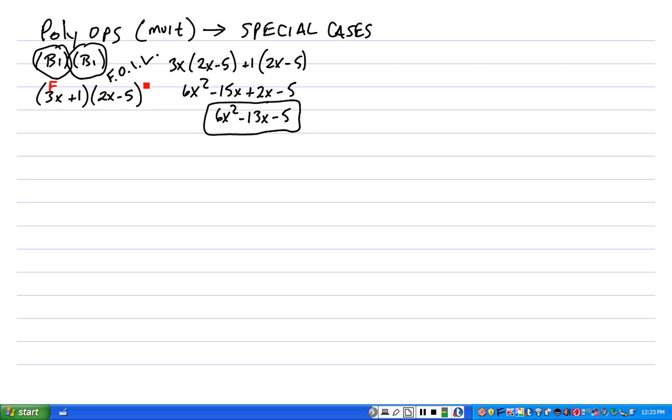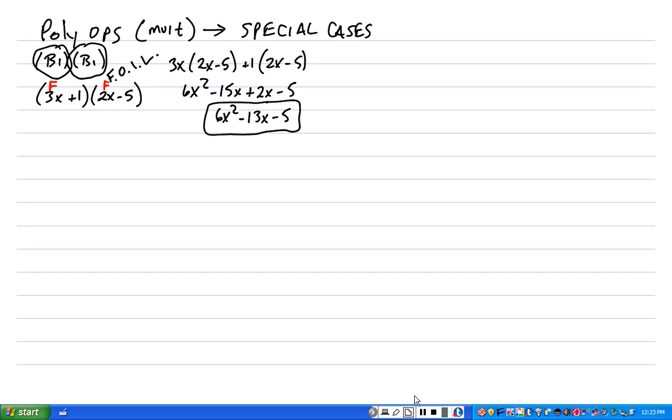So if we're talking the first, the F, this 3x is the first term in this binomial, and the 2x is the first term in this binomial. So, for the F, we'd multiply those two things.